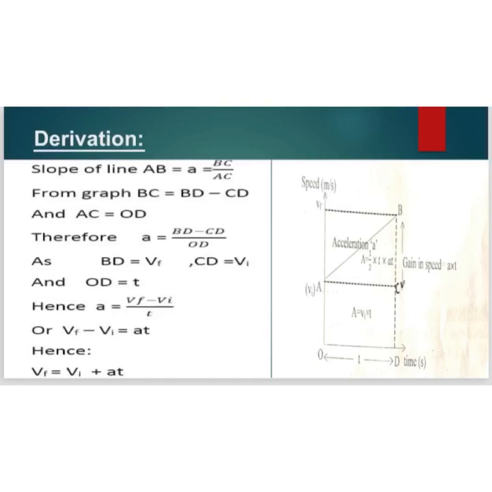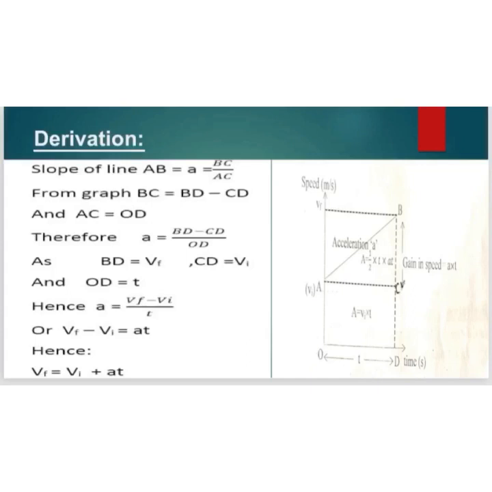So in place of BC we will write BD minus CD, and at place of AC you can also write down OD. This thing I have told you before. Therefore, instead of AB, which is representing the acceleration, he is writing A here. Therefore, A is equal to BD minus CD divided by OD.